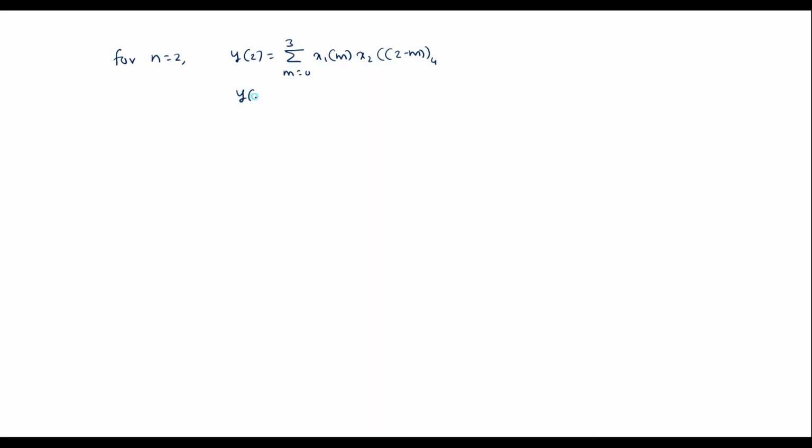So expanding this summation, I can write it as, for different values of m, that is x1 of 0, x2 of 2. So here we got a positive value, so we are supposed to put only one bracket, plus for m equal to 1, that is x1 of 1, x2 of 2 minus 1 is 1, plus x1 of 2, x2 of 0, plus x1 of 3, x2 of minus 1.